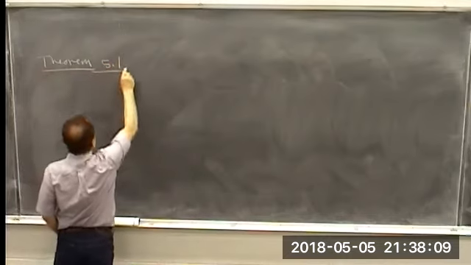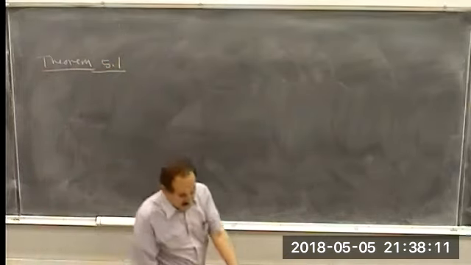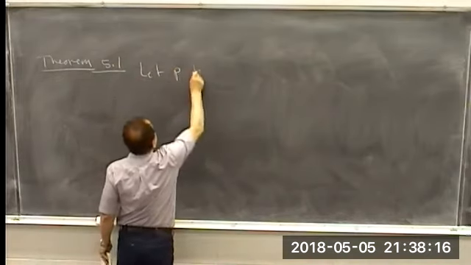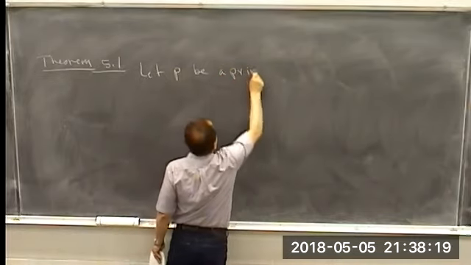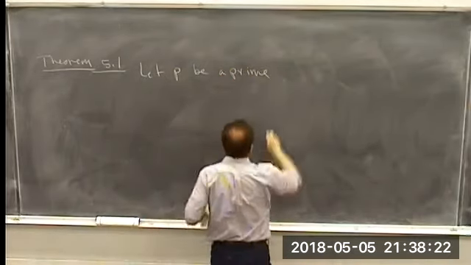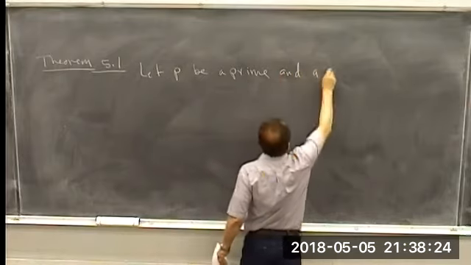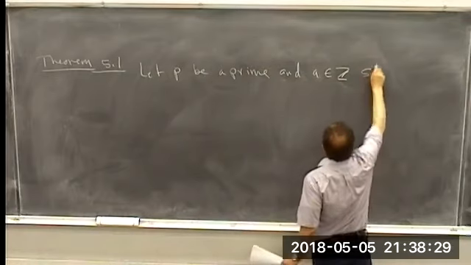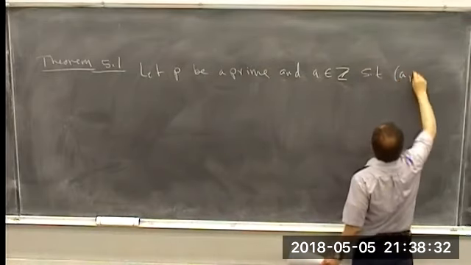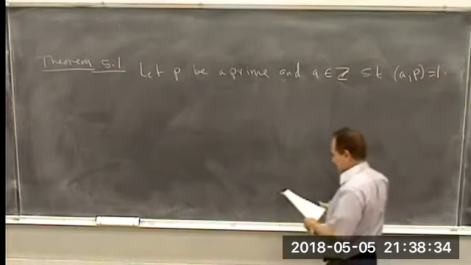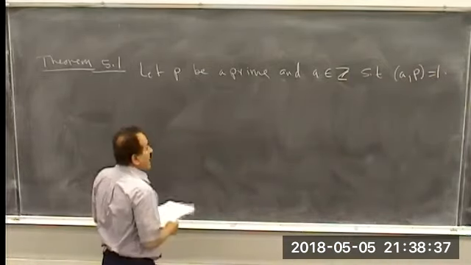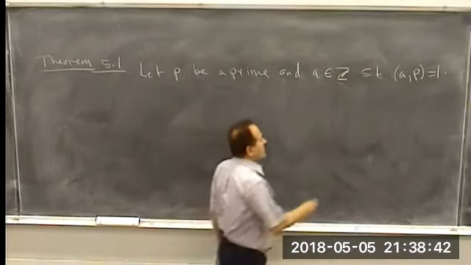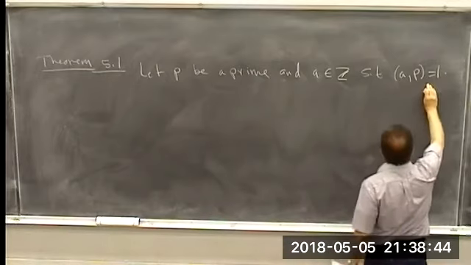Theorem 5.1. And here it is. We're going to let p be a prime, and a an integer in Z, such that gcd(a, p) is equal to 1. Now, let me mention a few other equivalent statements, because it's worthwhile having this.